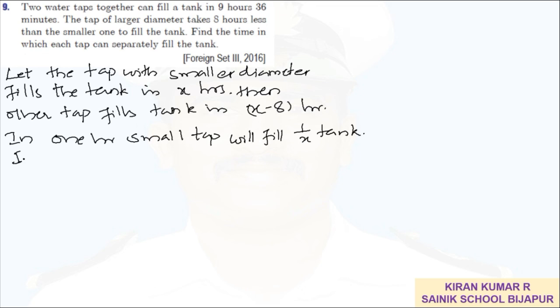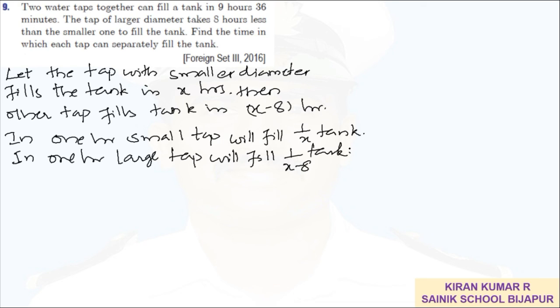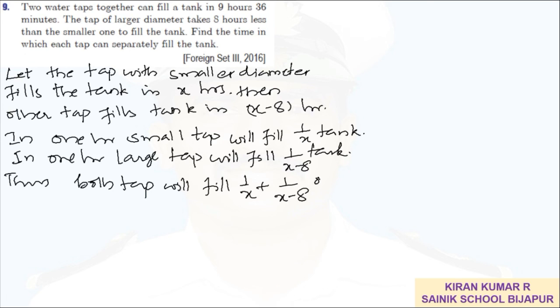In 1 hour, the large tap will fill 1 by (x minus 8) of the tank. Thus, both taps will fill 1 by x plus 1 by (x minus 8) of the tank in 1 hour.